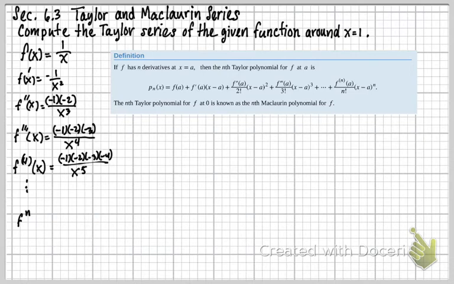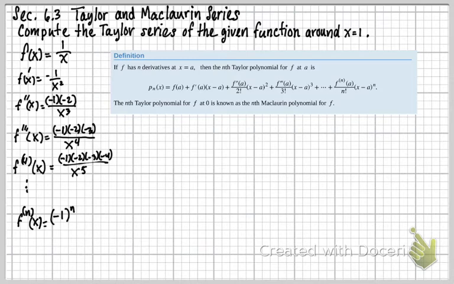my fn of x is going to be, think about those negatives. When I'm even, I'm going to have an even number of negatives on my derivative. And when I have odd derivatives, those are going to be negatives. So I'm going to have a negative 1 to the n. That would work, because when it's even, it's even.